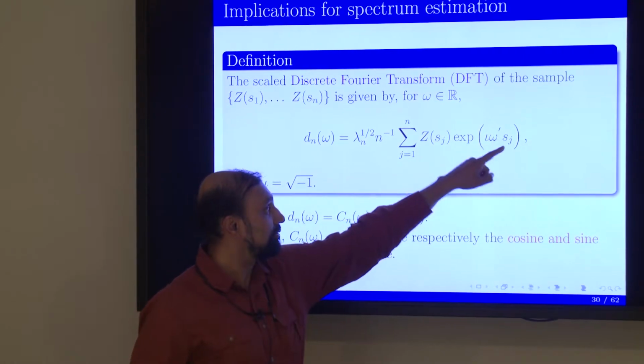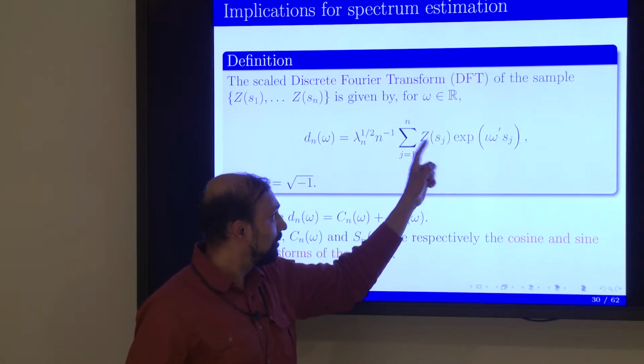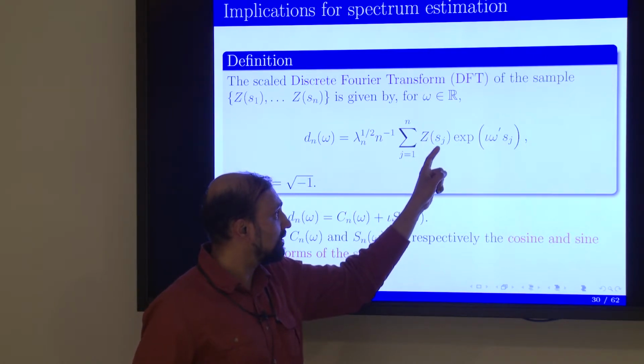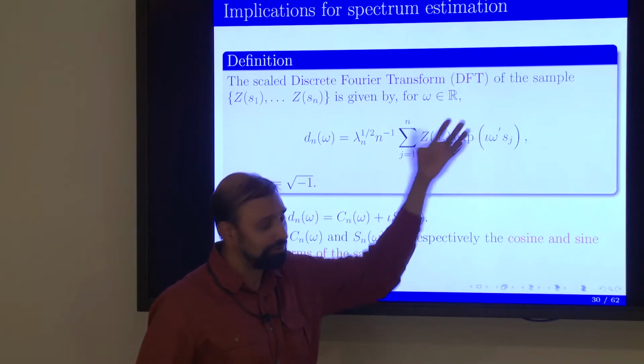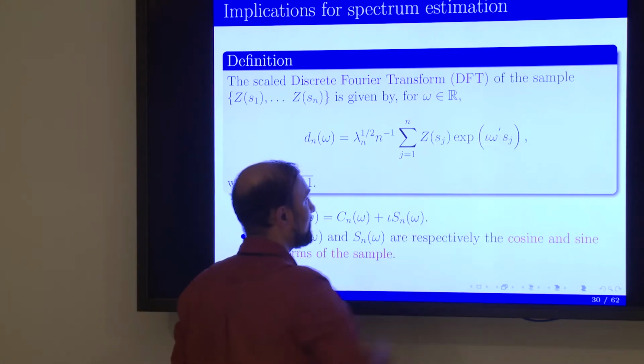So in that case, S j would be just j. And you look at the product between the value of this process at time point j or S j, and e to the power i omega S j. The transpose is not there, as I said, that was for the spatial case. In the one-dimensional case, it is omega times S j.